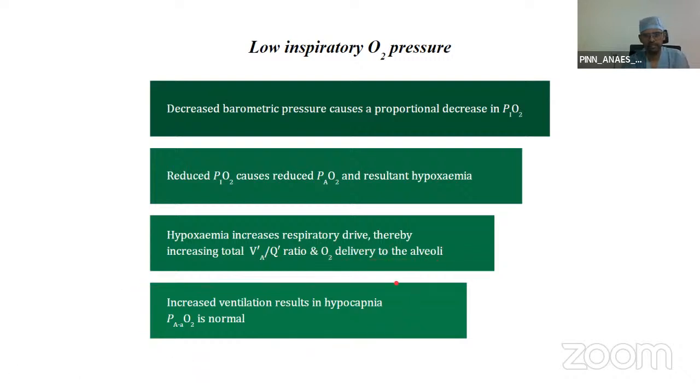As a result of hyperventilation, hypocapnia develops. Similarly, in this case also, the alveolar arterial oxygen tension difference is normal. So the reason for hypoxemia in this mountaineer is low inspiratory oxygen pressure.